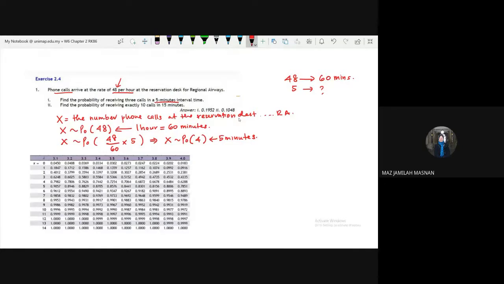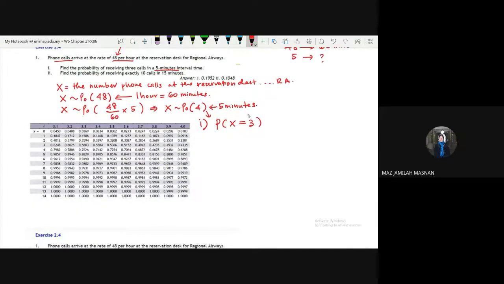Okay. Now let us go straight to the question. Find the probability of receiving 3 calls in 5 minutes. So P(X = 3) in 5 minutes. X is equal to 3, then look for lambda 4 and X is equal to 3.